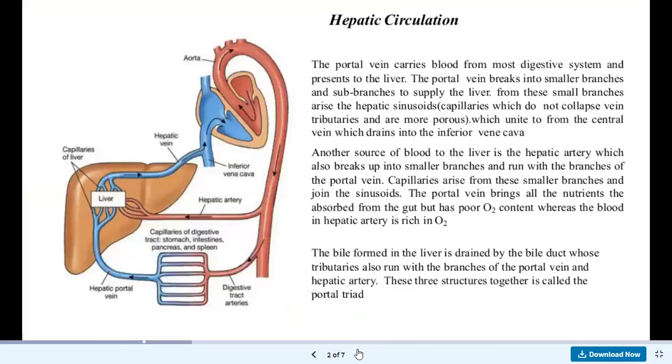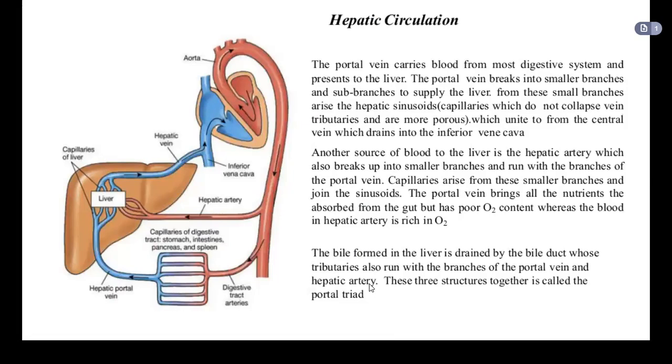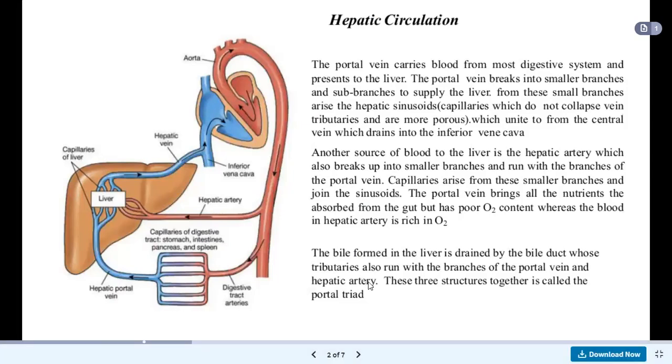And then we said that in addition to the portal vein and the hepatic artery, there is also what we call the bile duct, or the common bile duct, which runs alongside the portal vein and the hepatic artery to form what is called the portal triad. So triad means three.